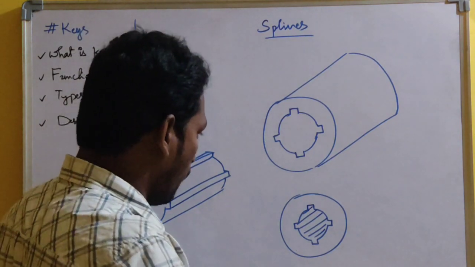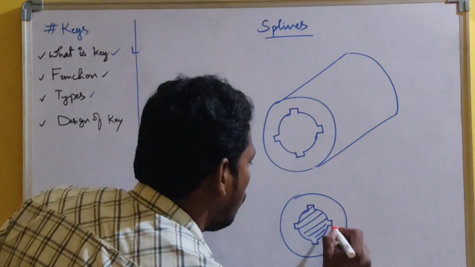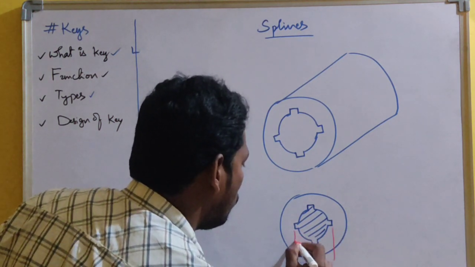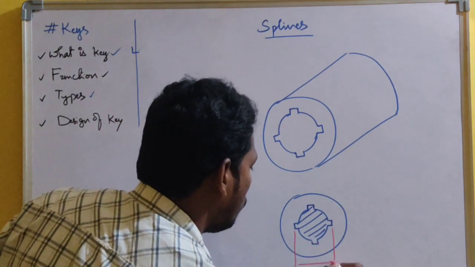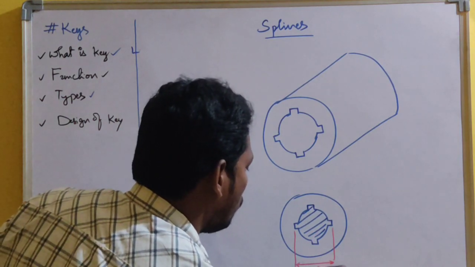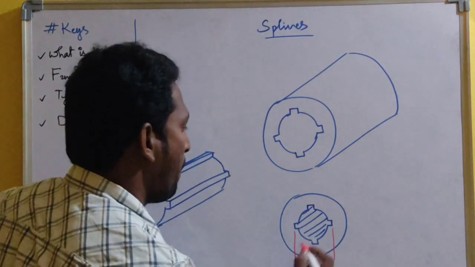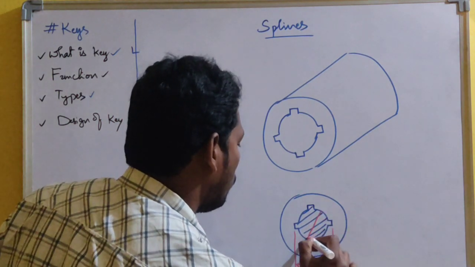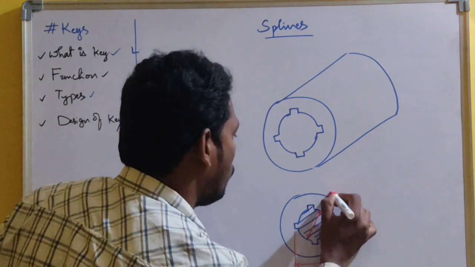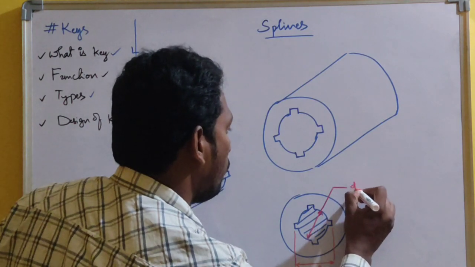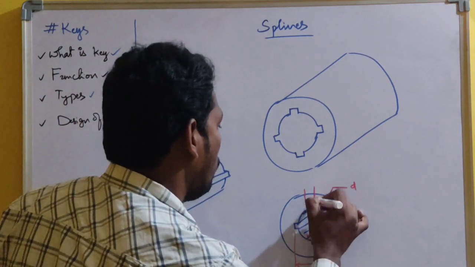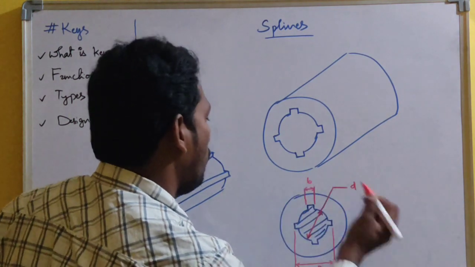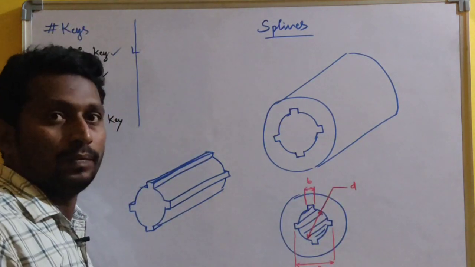Now the dimensions are: this one is capital D, this one is small d, and this is small b.